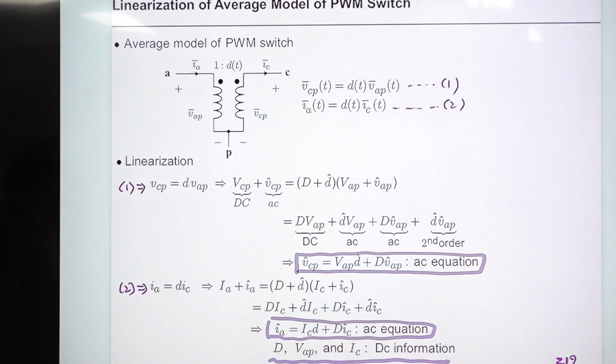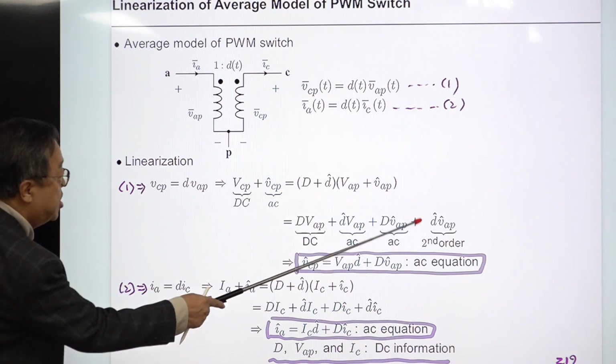So you have 2 linearized small signal equations for the AC component. You are not interested in the DC component, and you ignore the second order terms. There is some error, but it is negligible, assuming this is so small that the squared term can be ignored.